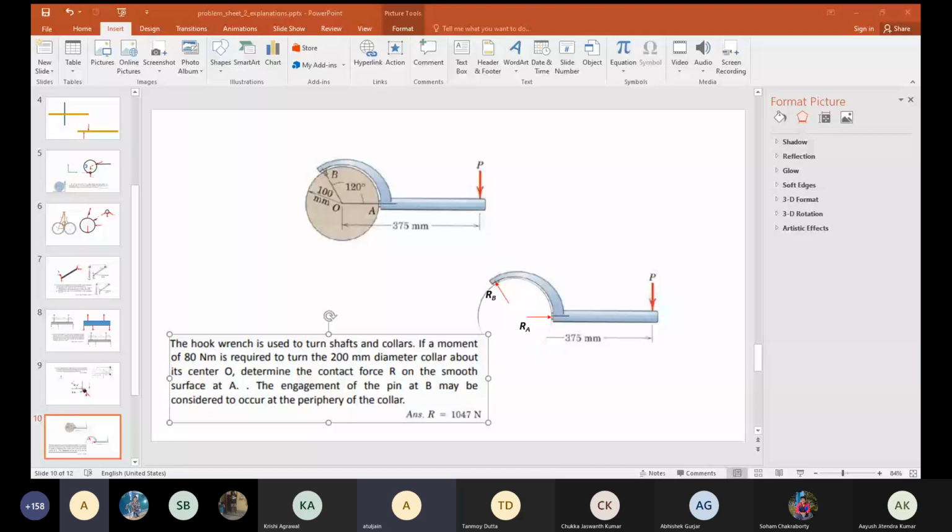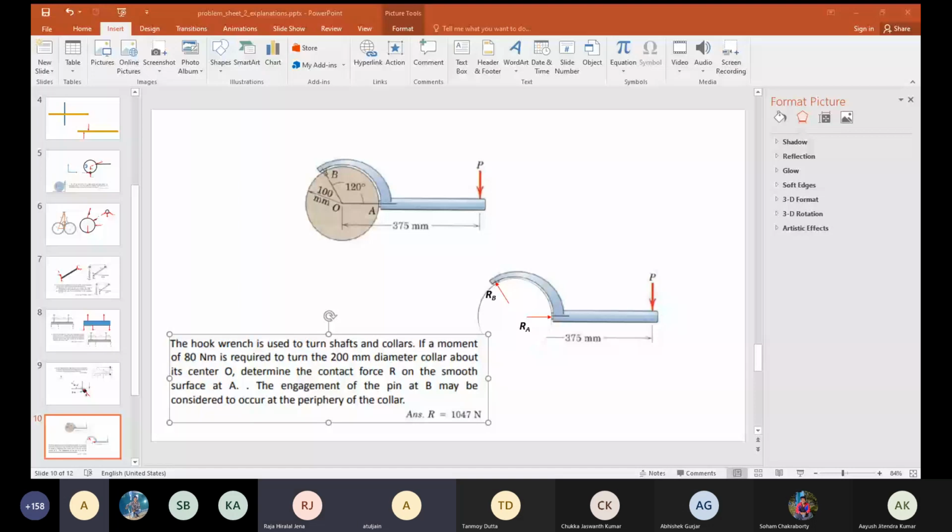Next step, take the moment about B. What equation are you using? RA into 100 into sine 120. Yes. Sir, I had one doubt. Wait. What is the moment equation?